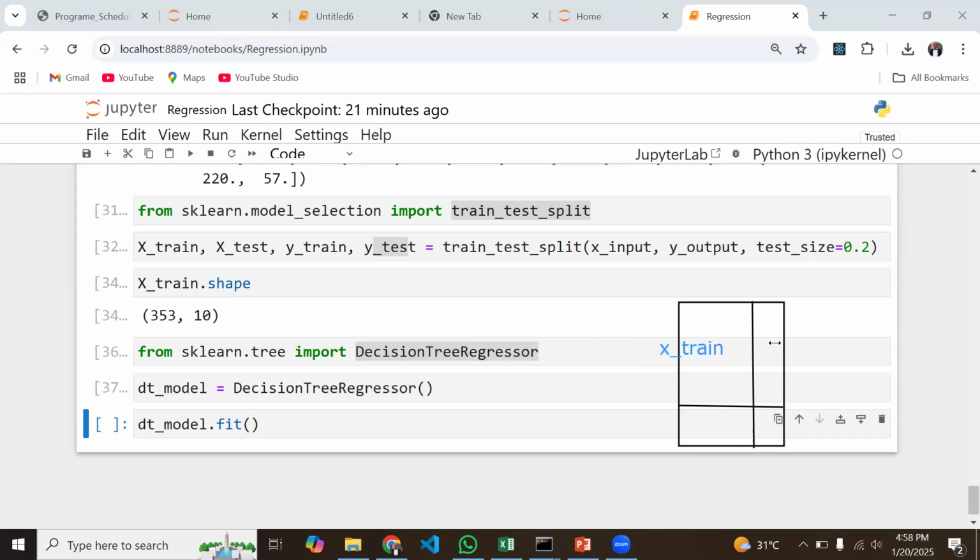And then this side of the data set is going to be our Y train, sorry. Now, what we have over here is going to be the X test. And this side of the data is going to be our Y test. All right.